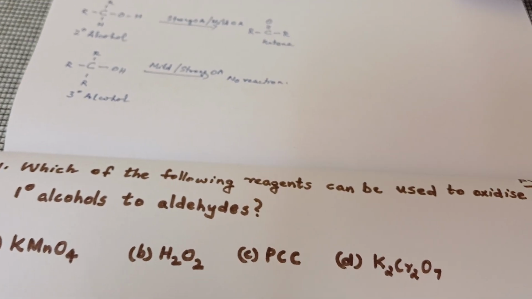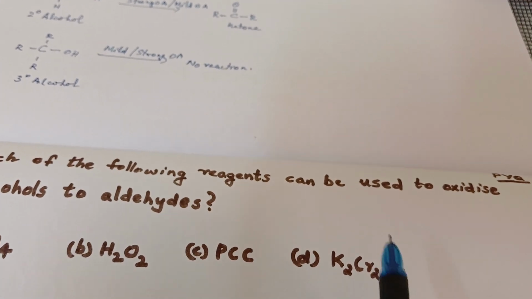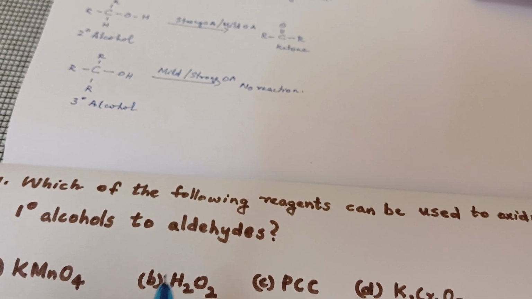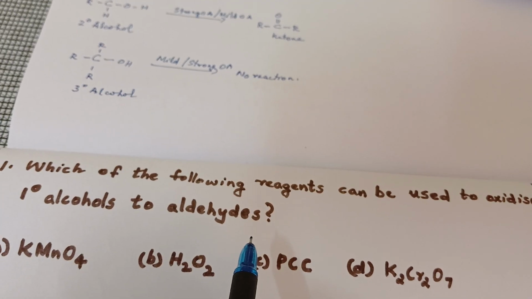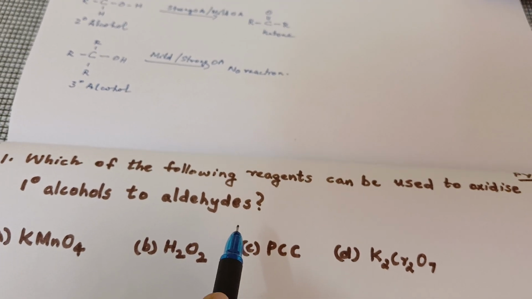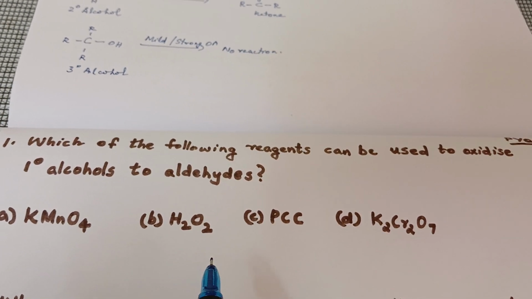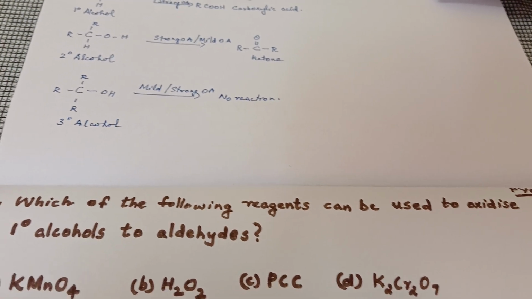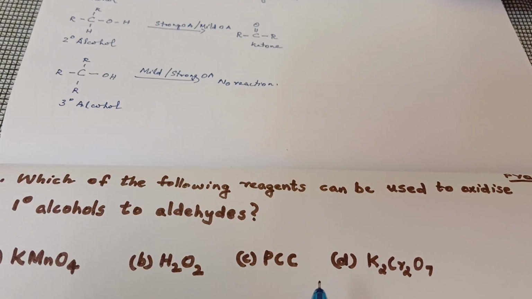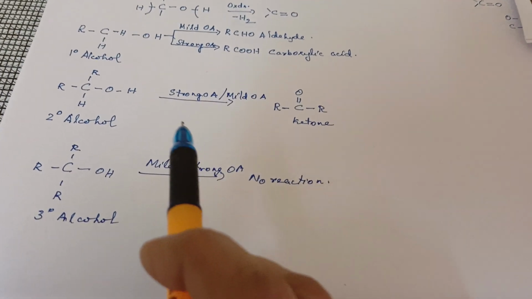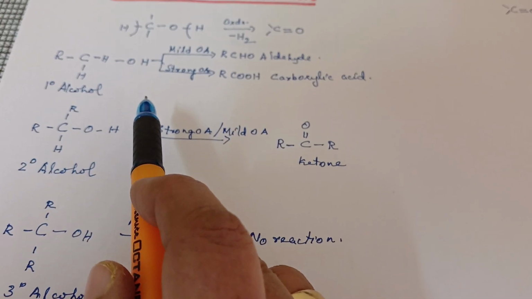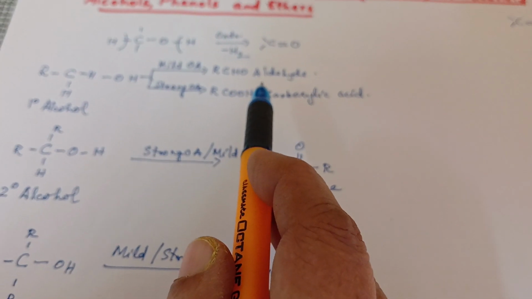First question is, which of the following reagents can be used to oxidize primary alcohols or 1 degree alcohols to aldehydes? The reagents given are KMnO4, H2O2, PCC, K2Cr2O7. So we need to get aldehydes from primary alcohol. When will we get an aldehyde?